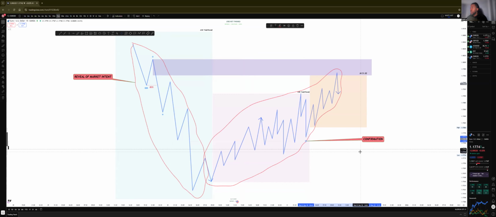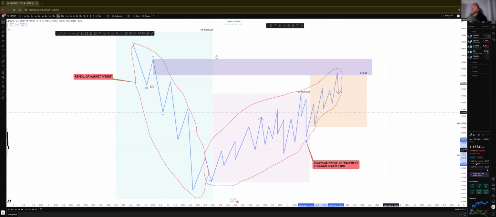Confirmation of retracement through change of character and BOS. We know this. Okay, cool.